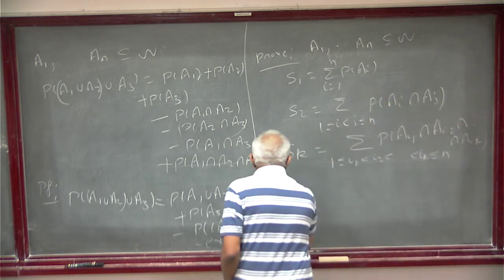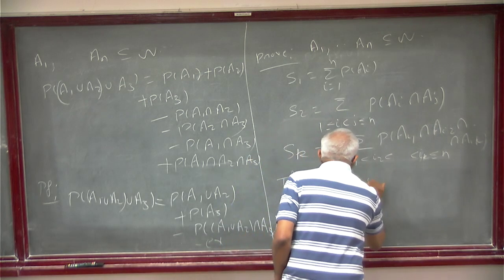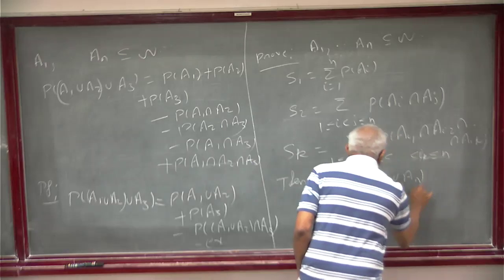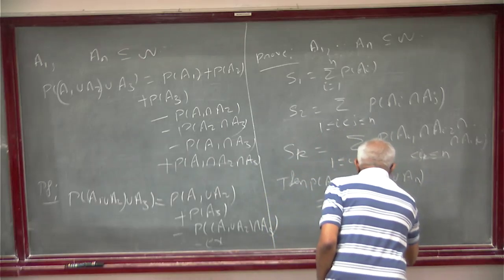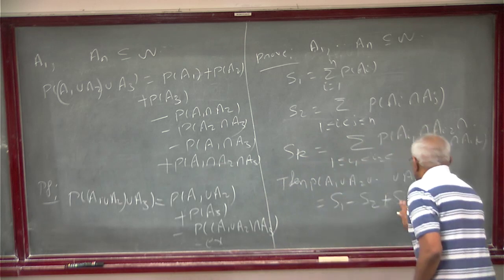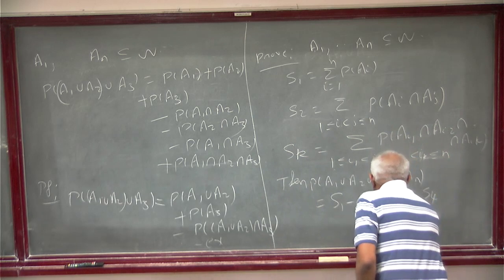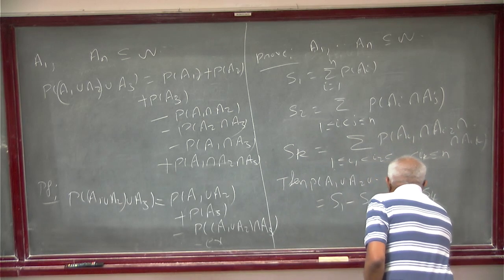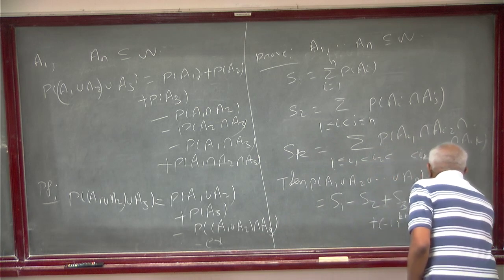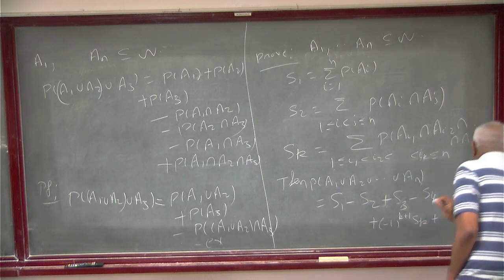Then P of A1 union A2 union up to union AN equals S1 minus S2 plus S3 minus S4. Generally it will be minus 1 power k plus 1 Sk, plus up to minus 1 power n plus 1 Sn.